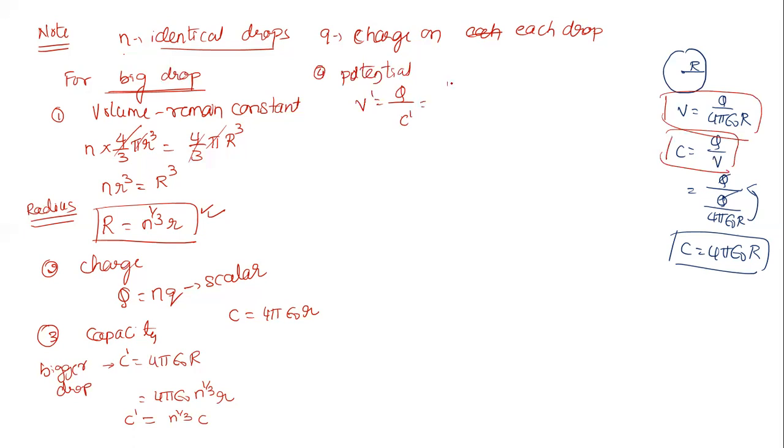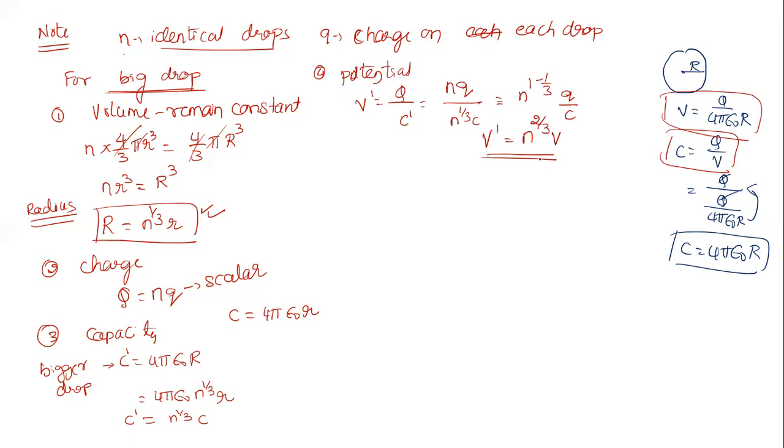Q we already know is n times Q, divided by the new capacitance, n to the power of 1 by 3 times C. It will become n to the power of 1 minus 1 by 3 times Q by C, so n to the power of 2 by 3. Q by C means V, the initial potential. So this is the new potential.